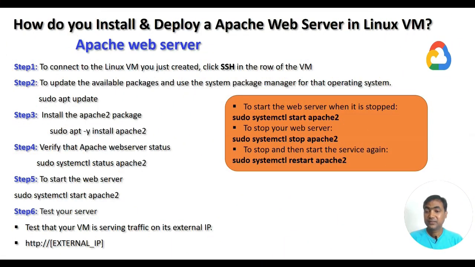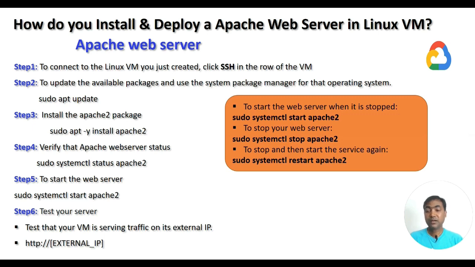As you can see here, these are the steps that you can follow to deploy an Apache web server on a Linux server on the Google Cloud platform. First of all, you connect to the Linux VM you just created, then click SSH in the row of the VM. Secondly, to update the available packages, use the system package manager for that operating system.